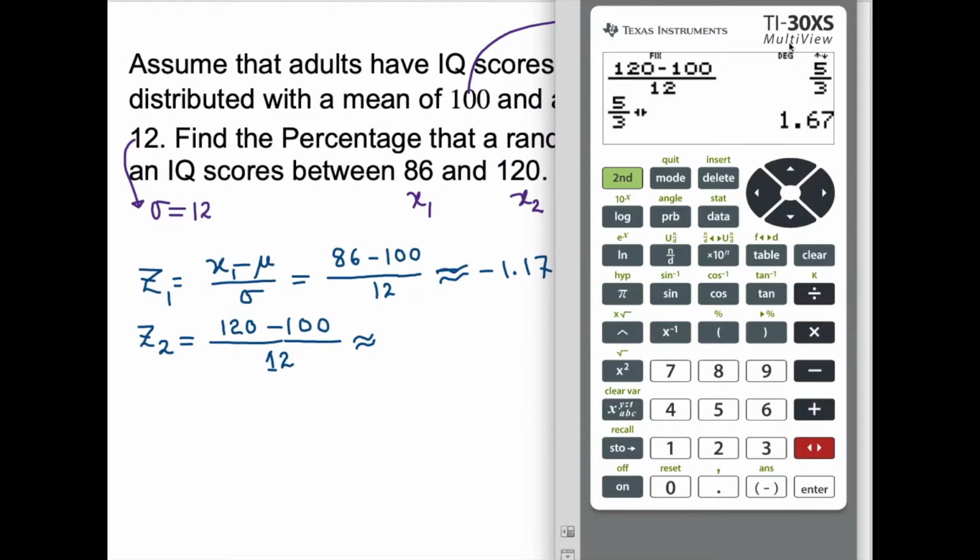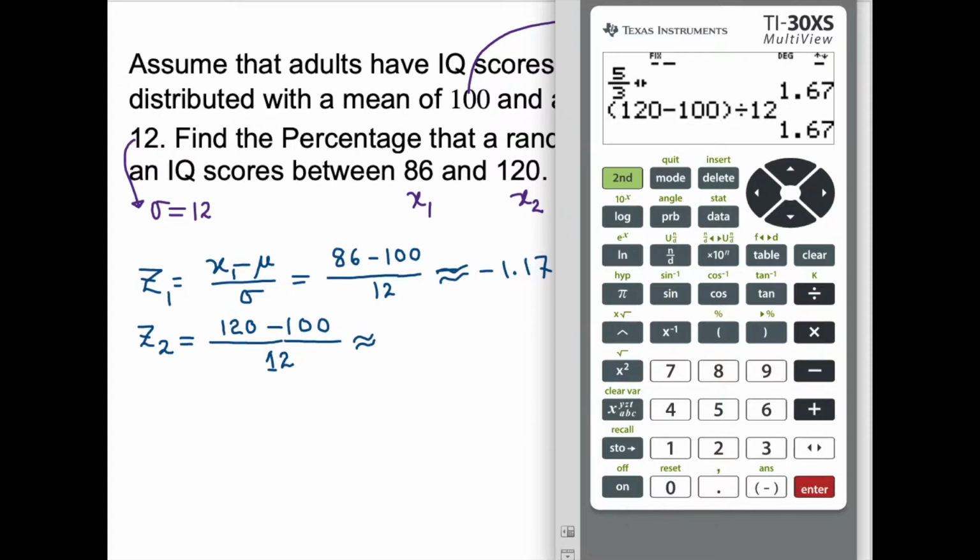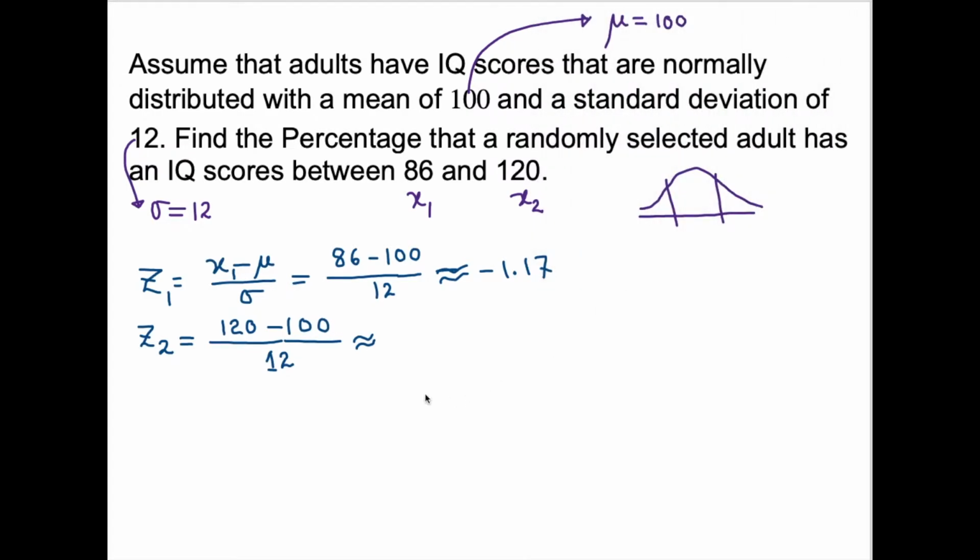So 1.67. Again, make sure you use parentheses: 120 minus 100 close parentheses divided by 12. Bingo, you've got the same answer, 1.67. Again, it's approximate. Good.